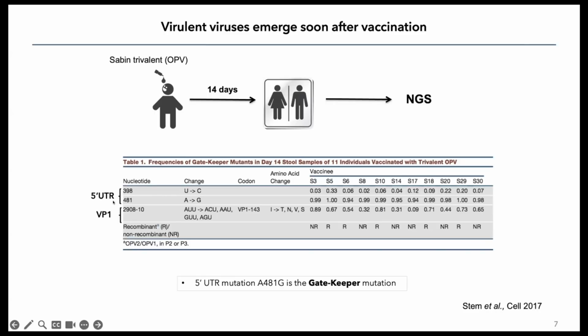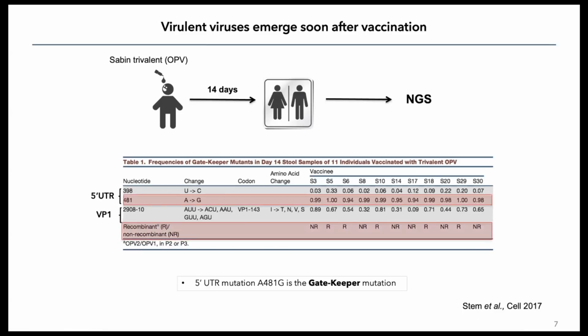And what was obvious is that of these 3 mutations, the 2 in the 5' UTR, mutation 481 was almost fixed in all the individuals that we analyzed. In addition, since this was a trivalent OPV, many of the individuals also had recombinants between type 1 and type 3, or type 2 and type 1.